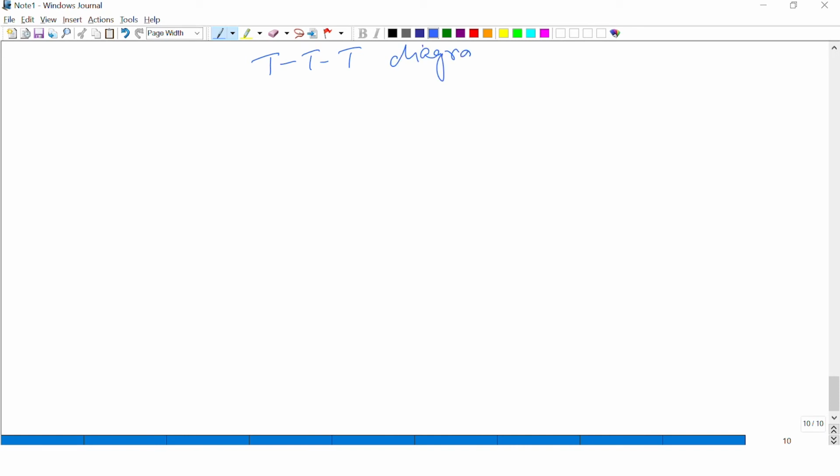So, if you draw the TTT diagram of this liquid to solid transformation, then you will have something like this.